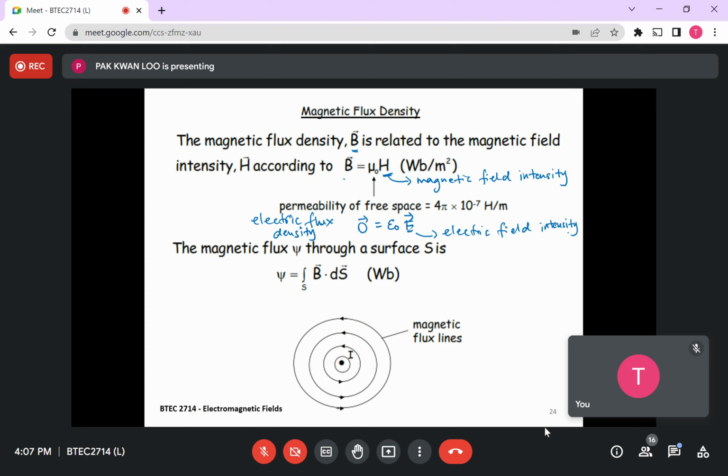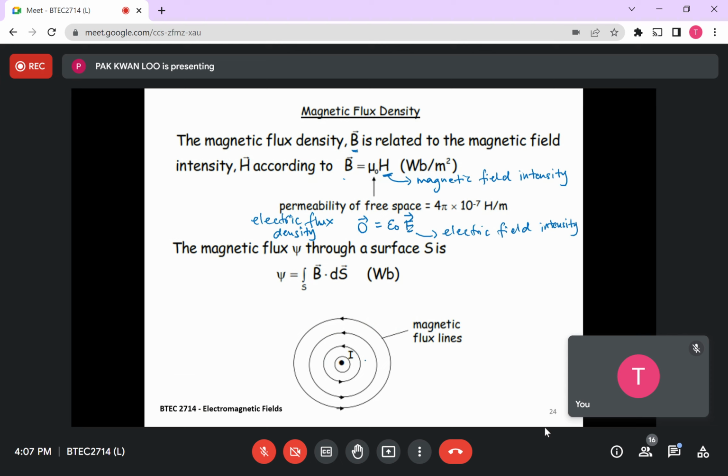However, when we talk about flux, regardless whether it is electric field or magnetic field, it is the open surface integral, the number of flux lines that pass through a surface. Let's say we have a current here, a very long current.